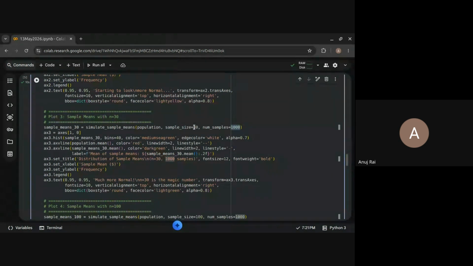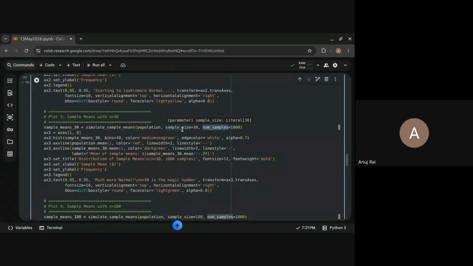Then you do it for the second time, you collect a different 1000 people, and you do it 30 times. Got it? This is what sample size means.